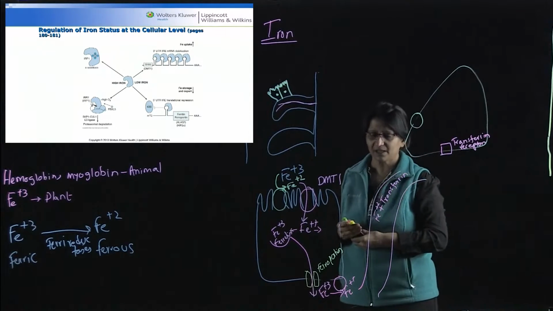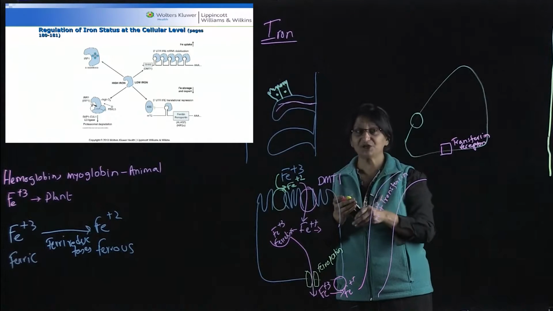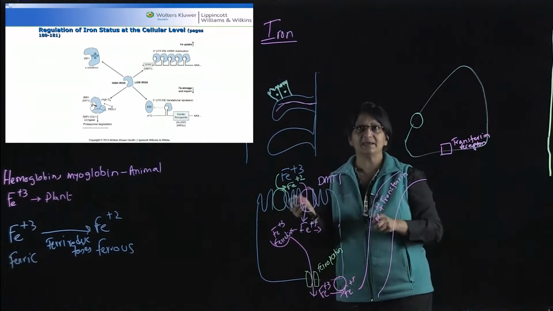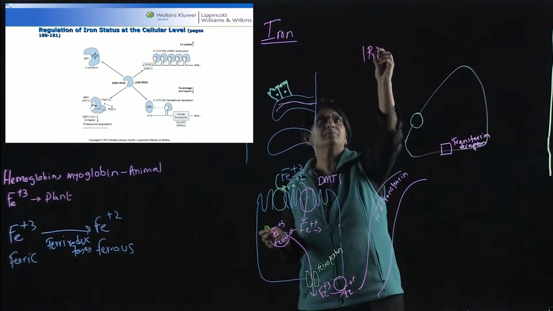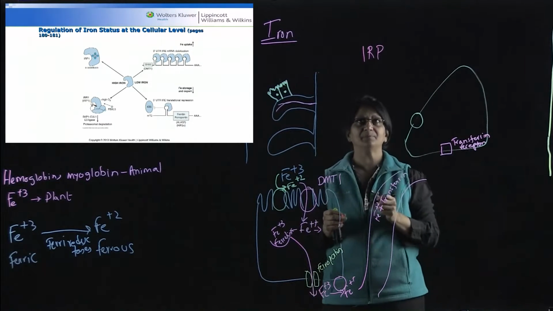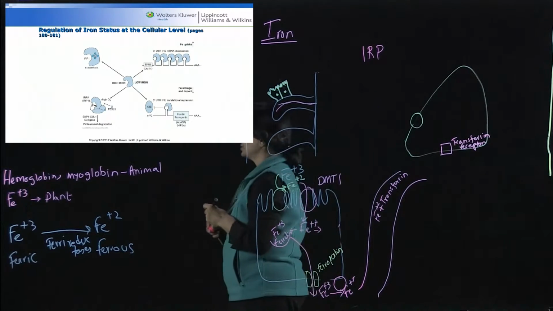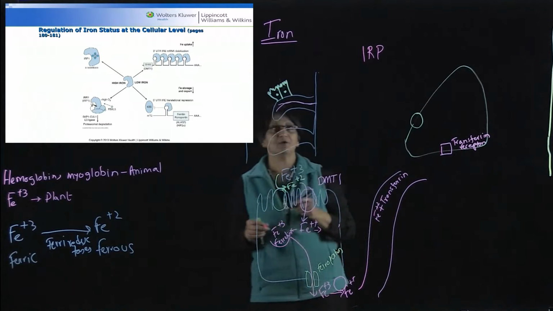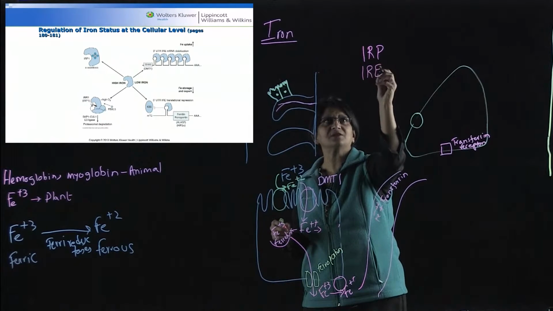To promote this, you need two things. Number one is iron regulatory proteins, or IRPs. The other terminology you need to know is iron response elements. Now, what are these?